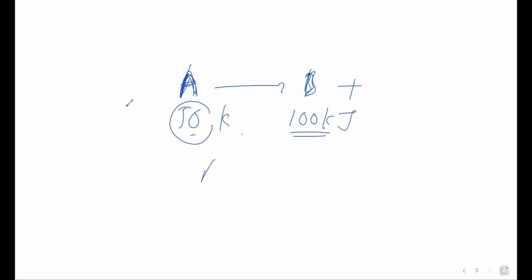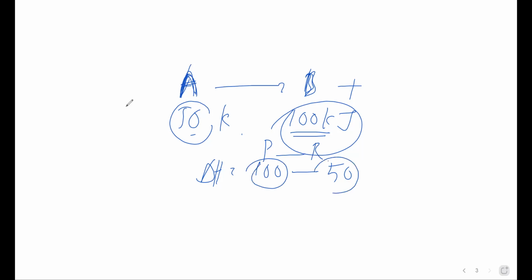Delta H means product energy minus reactant energy. Then you get a plus value. It means this reaction has to absorb 50 kilojoule. A positive value means absorption.